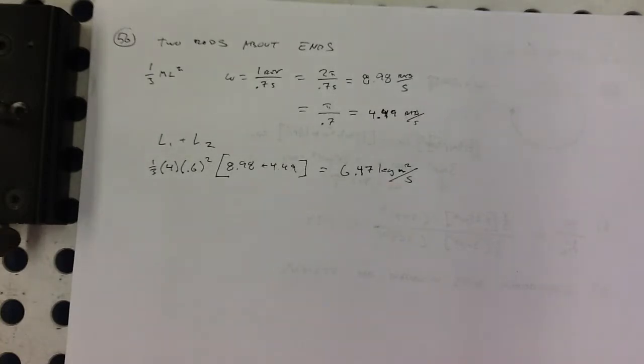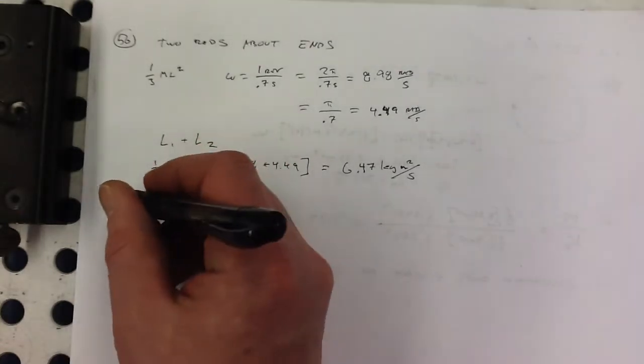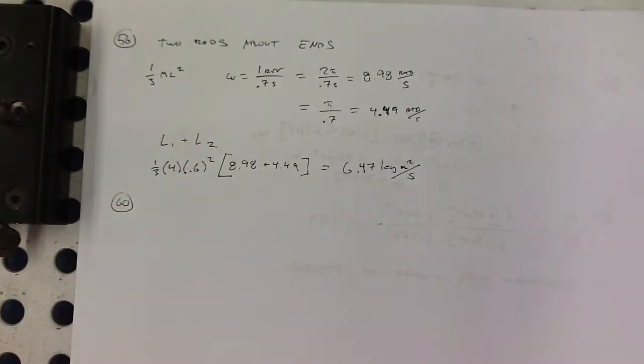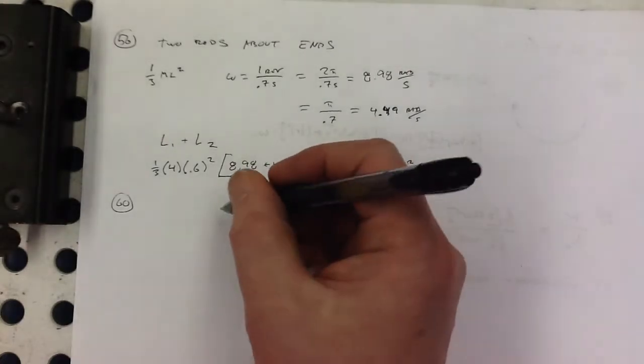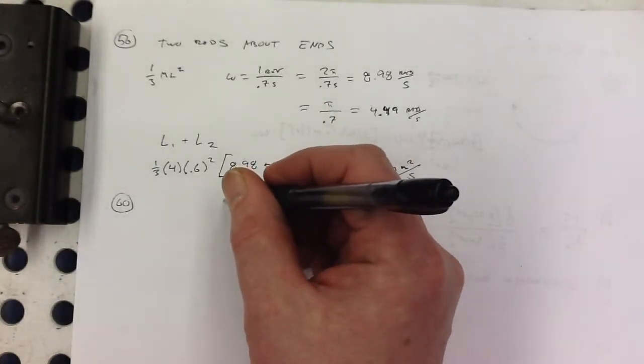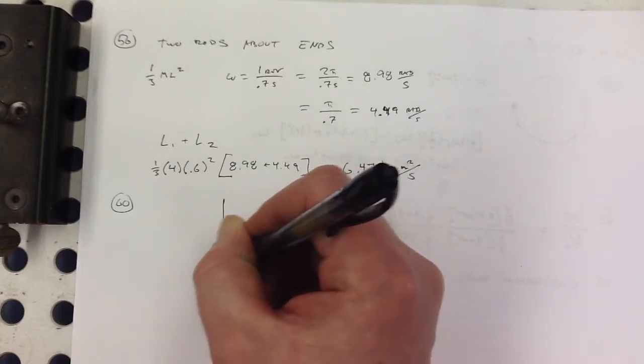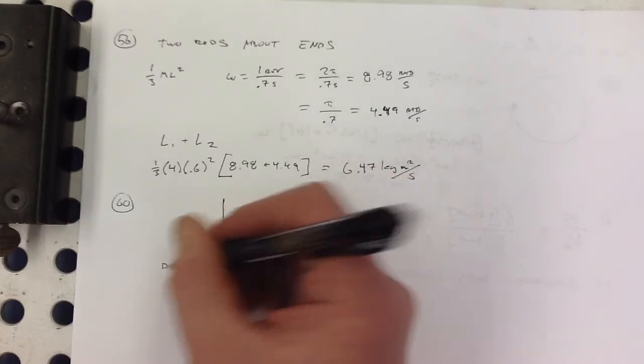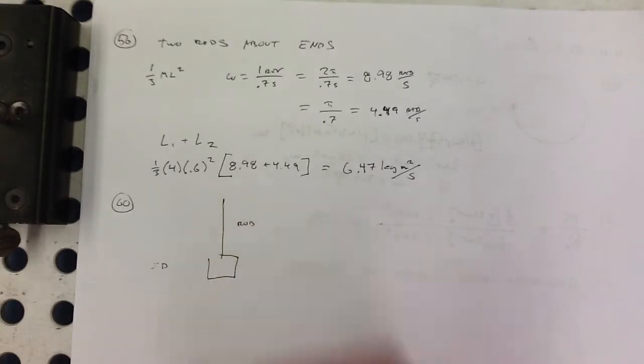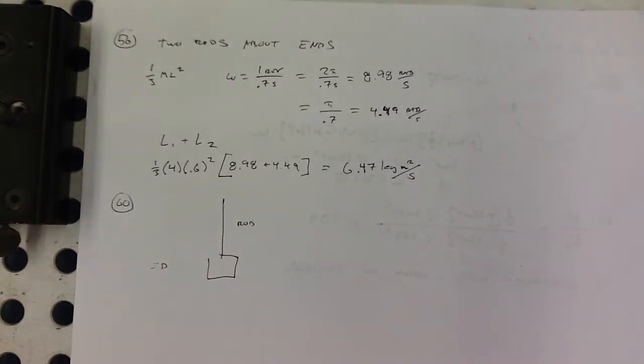Number 60, we have got a kind of a ballistics pendulum situation here, but this time it's got more physical stuff going on. We've got a rod and a block, and here comes the bullet toward the block.